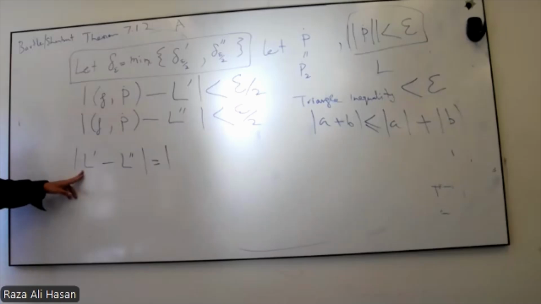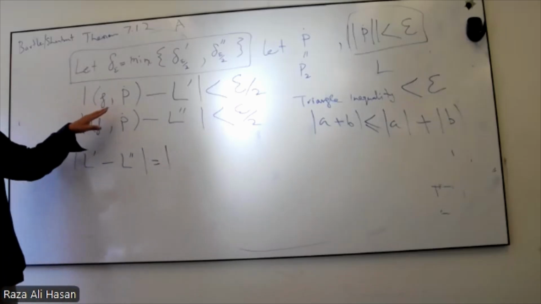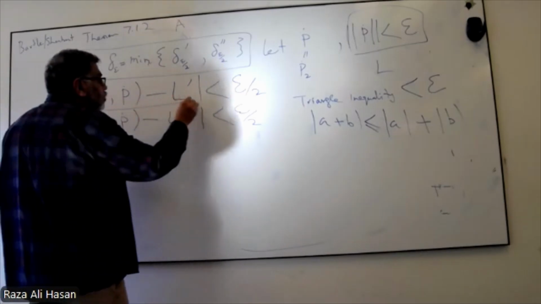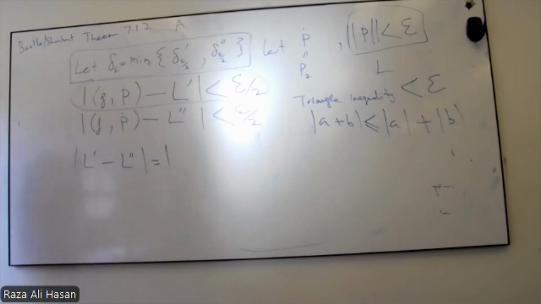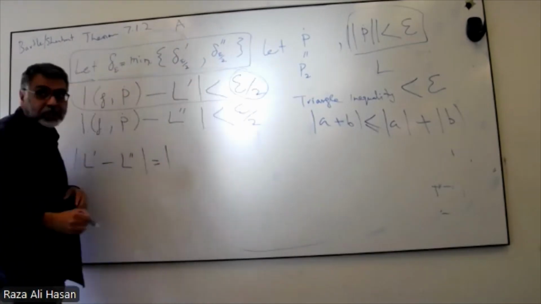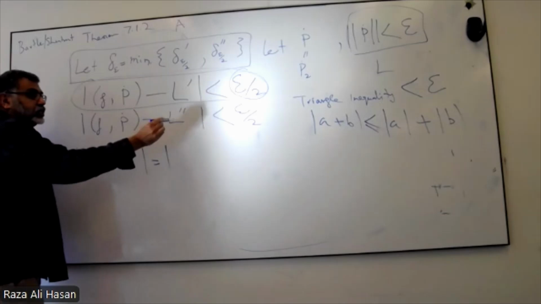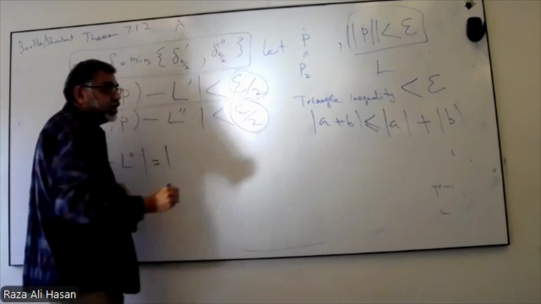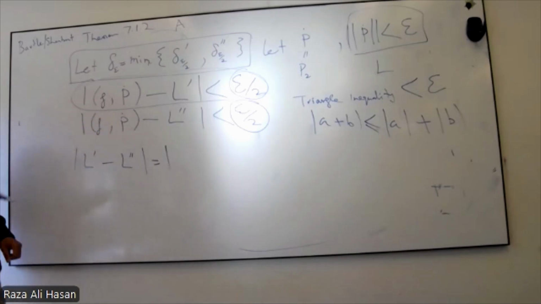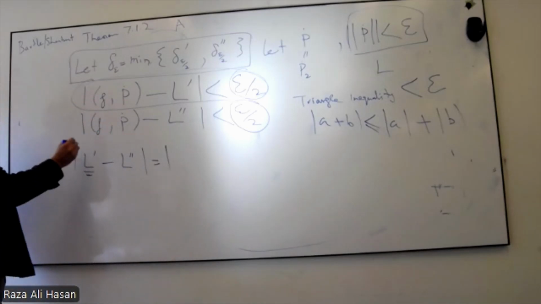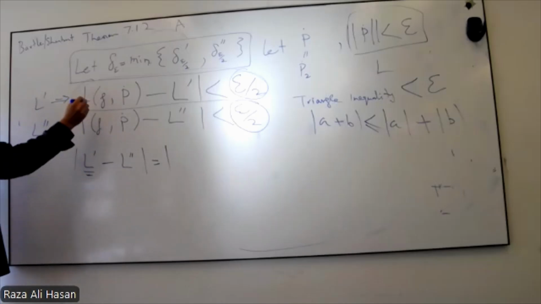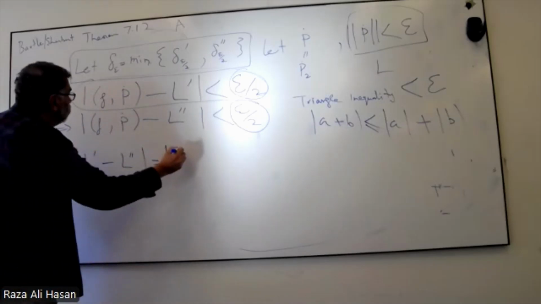But what we do know is what this sum equals. This whole thing is less than this actual number. It's a real number. This difference is actually a real number right there. We don't know what these numbers are, but we could bring these guys in. So I'm going to replace this guy with this.